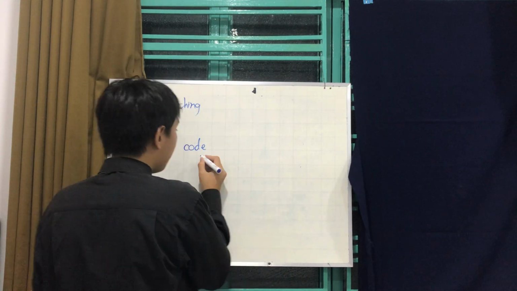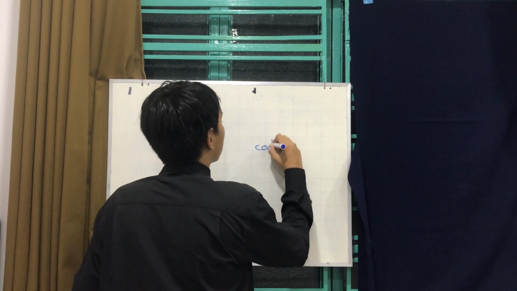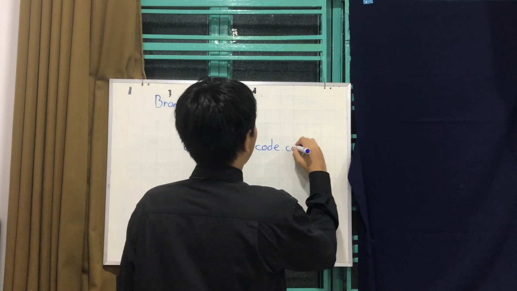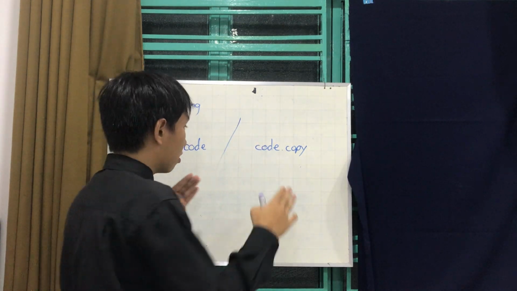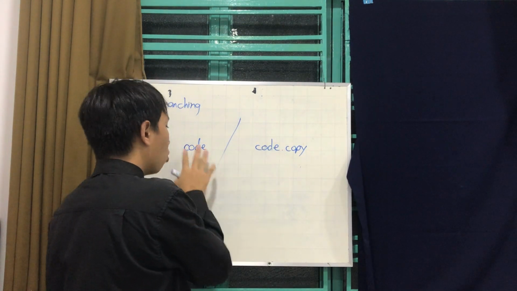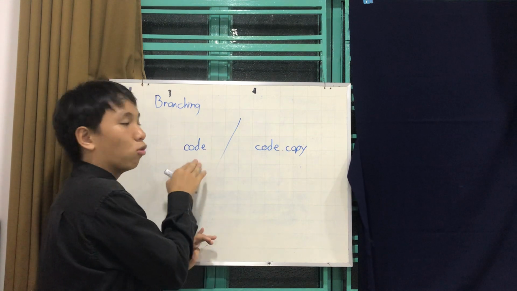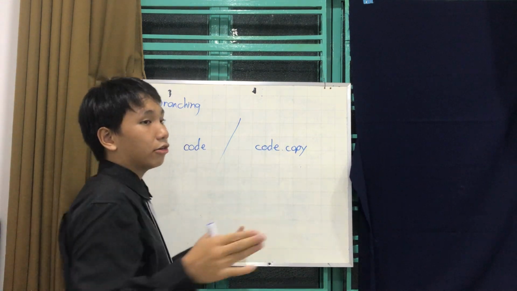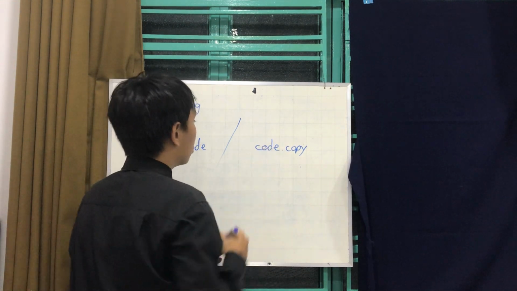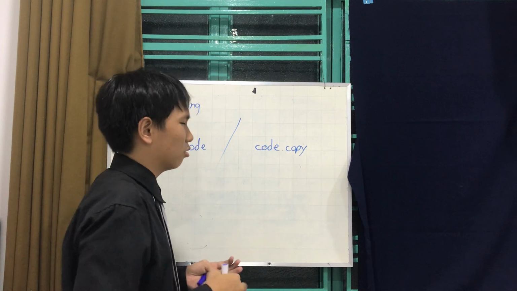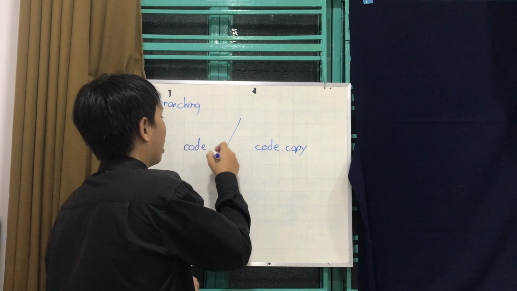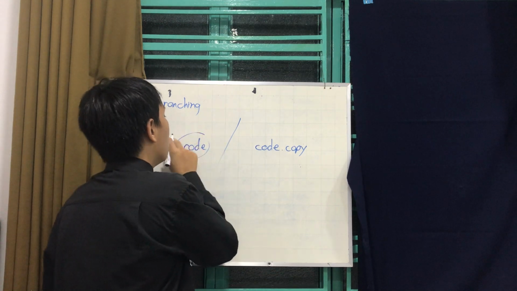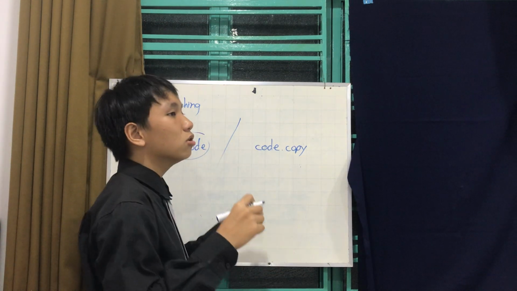Branching allows you to copy your code and paste it here, code.copy. This is separate. You change this, this file won't be changed. So branching allows you to experiment, to tweak, to change the data however you want. When you branch, the whole code right here will be copied and pasted.